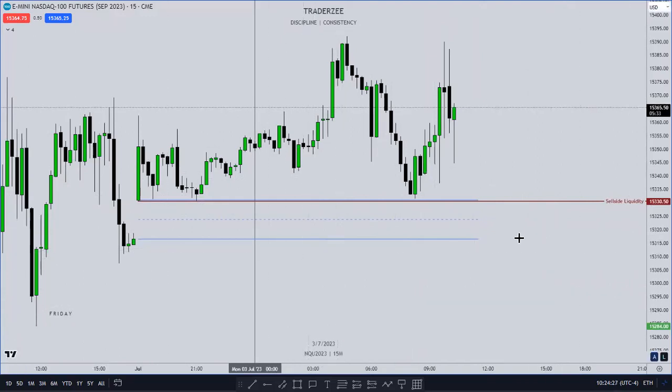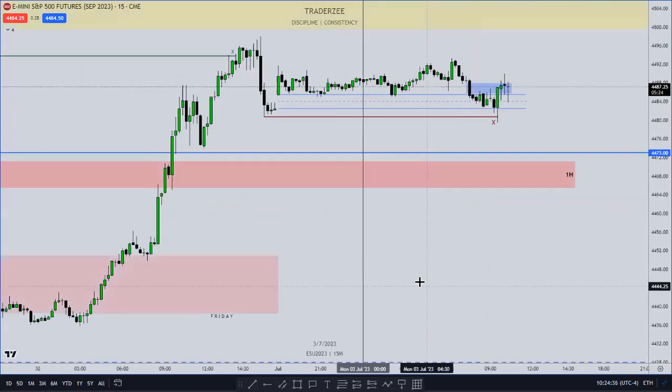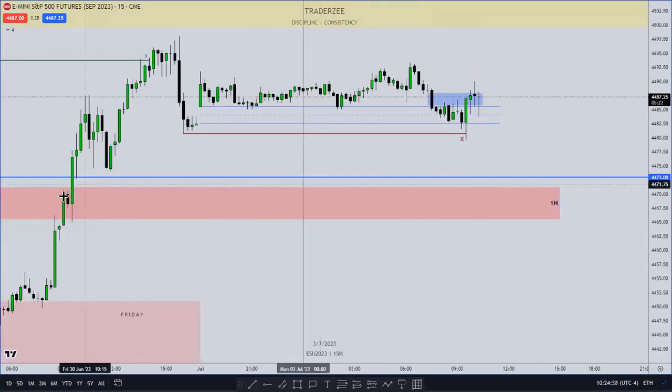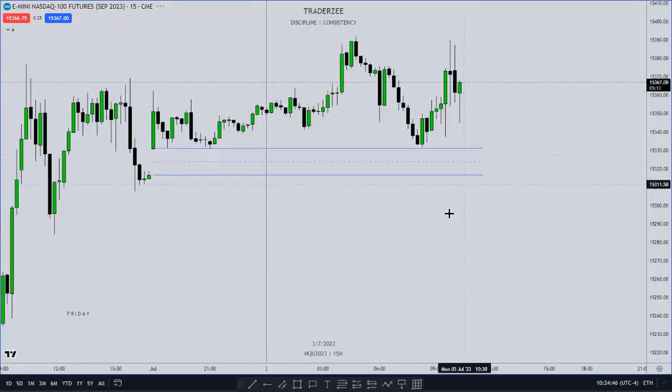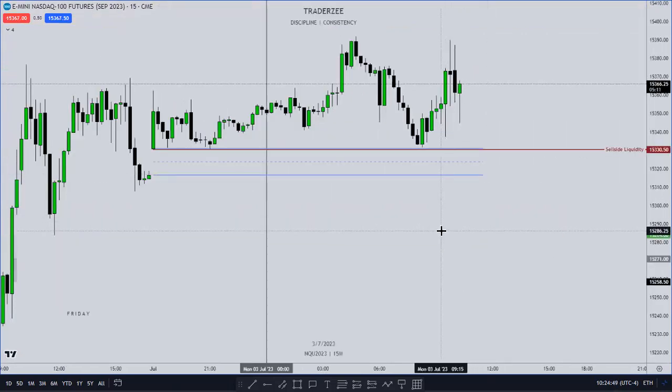I was thinking that we may go for the hourly fair value gap on ES. I'll show you this hourly fair value gap, this little one here, and NQ may just get dragged along, like the sister, for the sell side liquidity. But it looks like the stronger one.